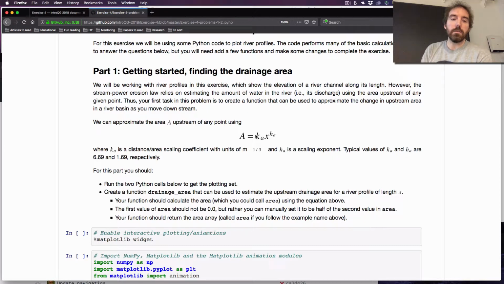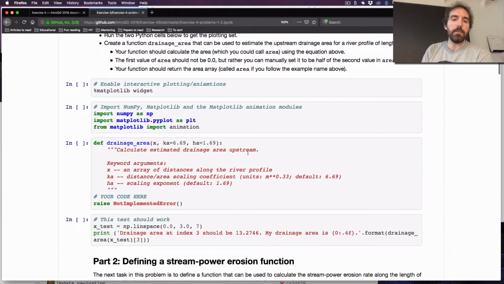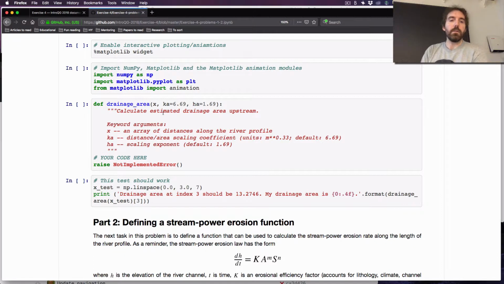So that's the equation, and you're given the starting bit of a function. So you can see there's a few different things that are going to be passed into the function. Of course, x in this case is the distance along the river profile from the drainage divide. So it starts at 0 at the drainage divide and goes downstream.